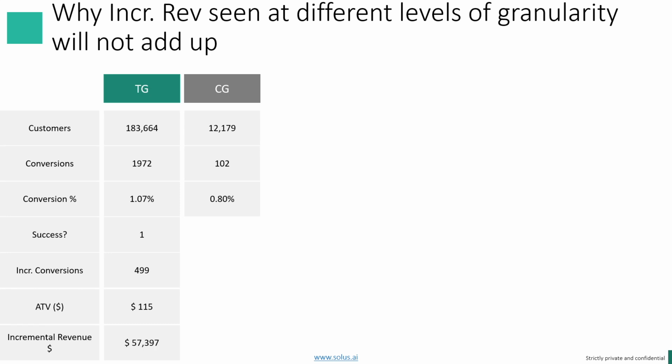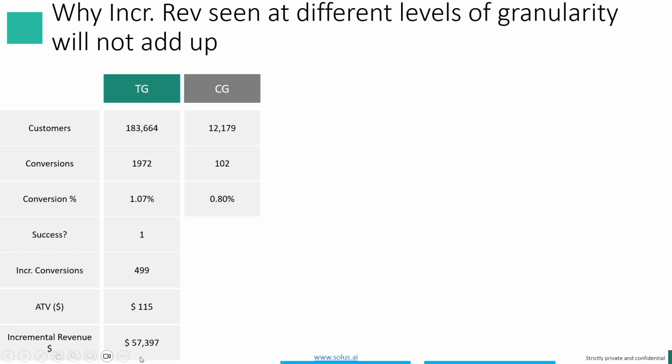Now, you would assume that when I look at incrementality at the segment level, and the segment is a subset of this trigger, it should add up to the same incremental revenue, but it will not necessarily do so. And here's why. This is that same trigger that we saw earlier, customers and conversions and percentage conversion and incrementality.